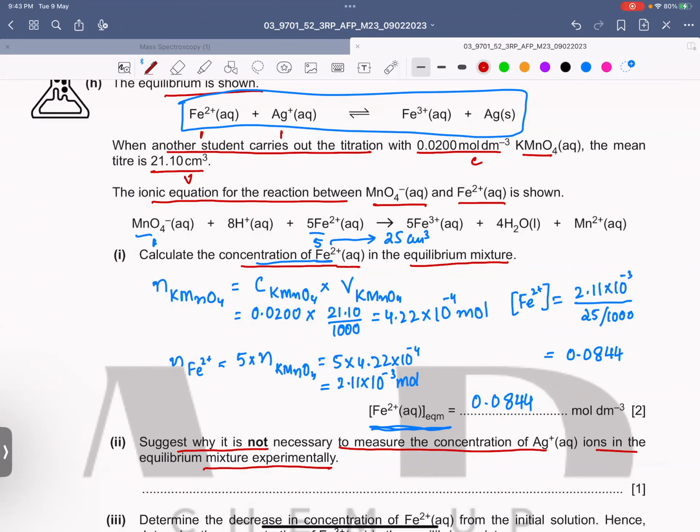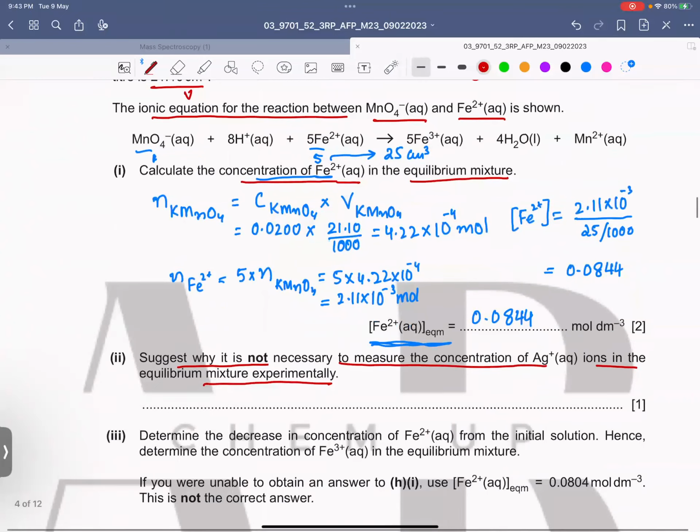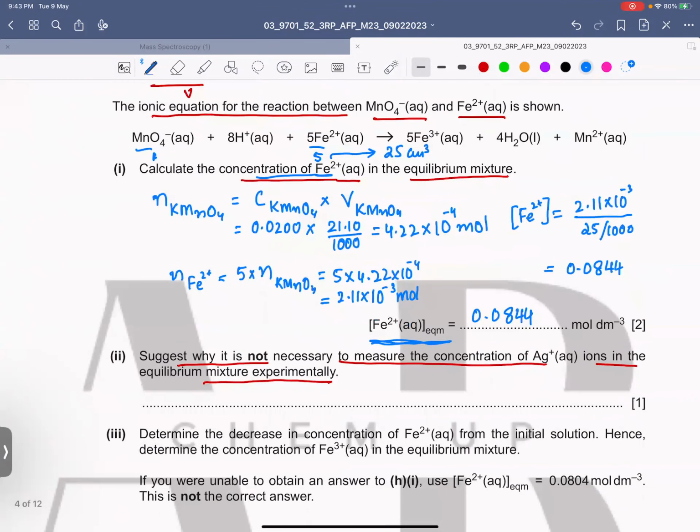So it means it is exactly the same as the concentration of iron 2 positive ions at equilibrium.